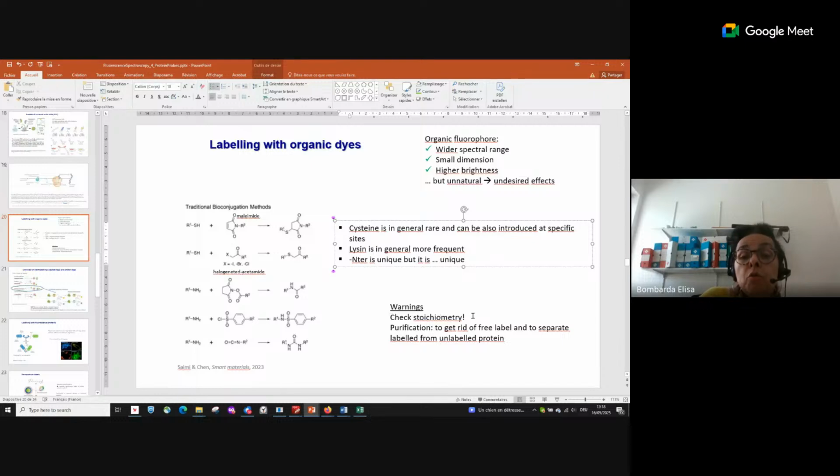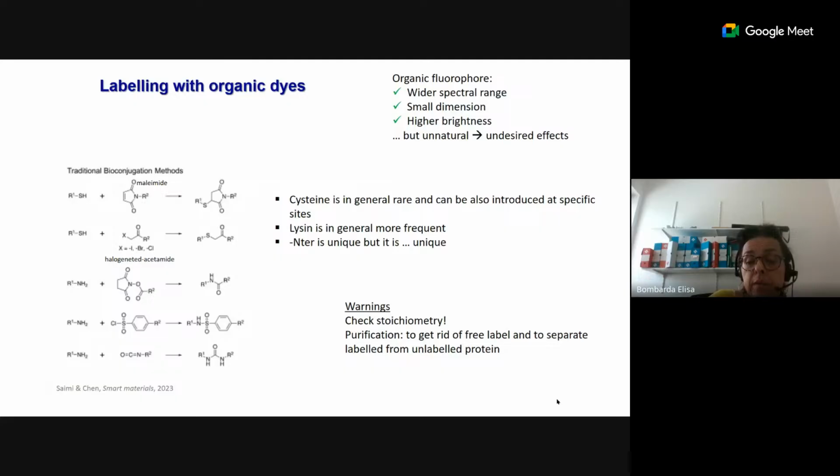It's required to know how many proteins are really labeled, and actually ideal to have only the labeled protein.